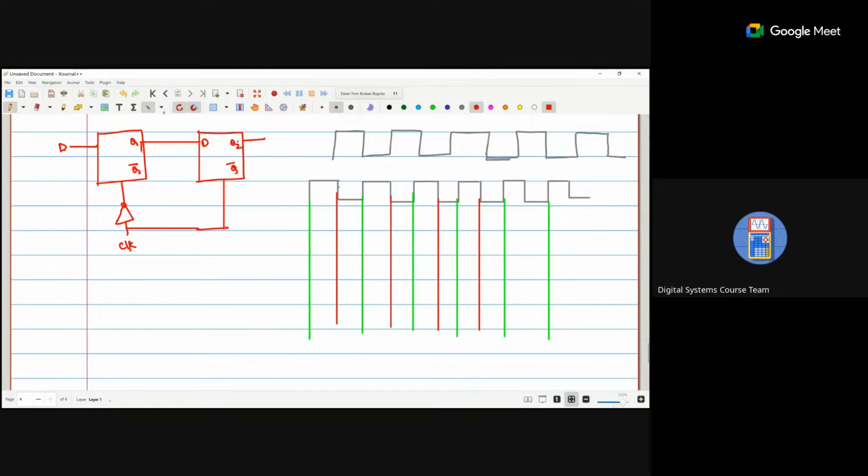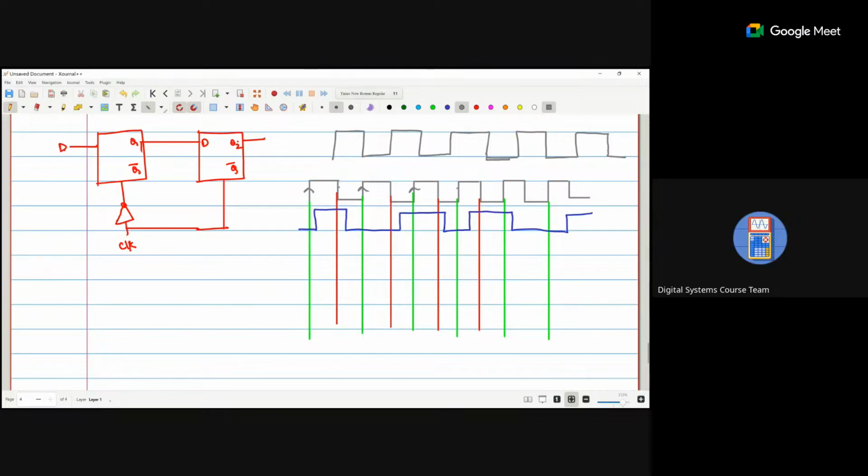Okay. Now according to this, what I expect is that my data should change on the positive edge.